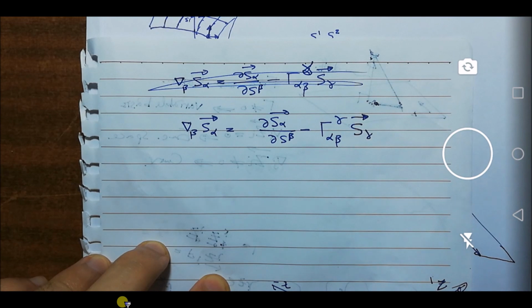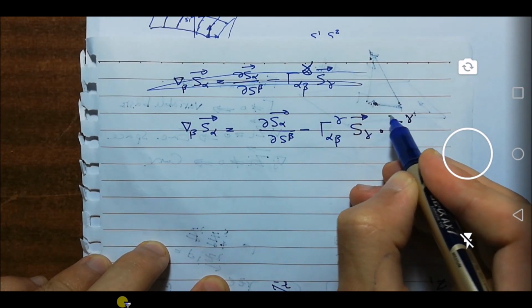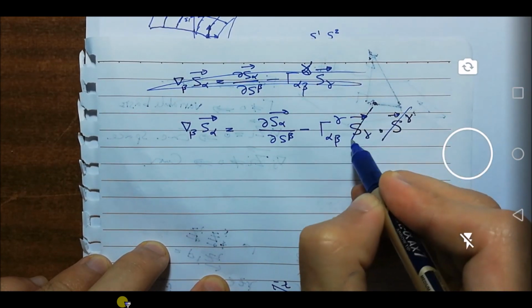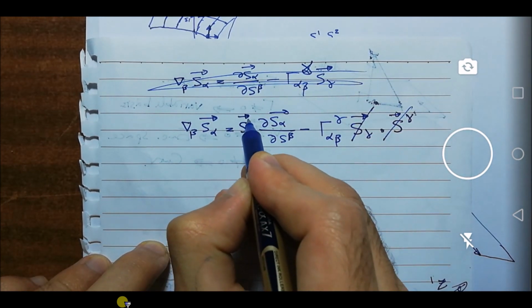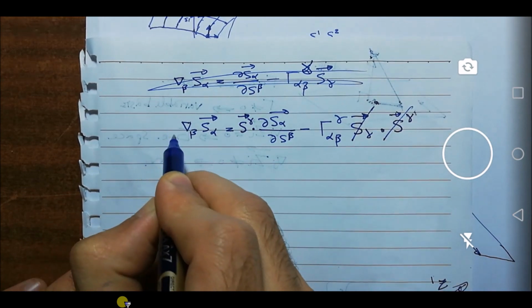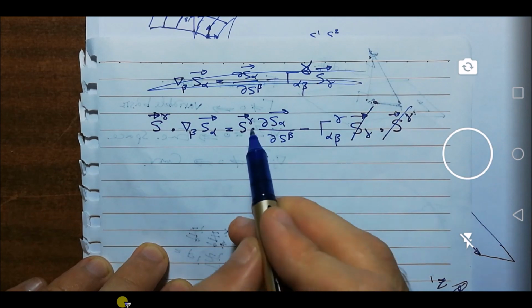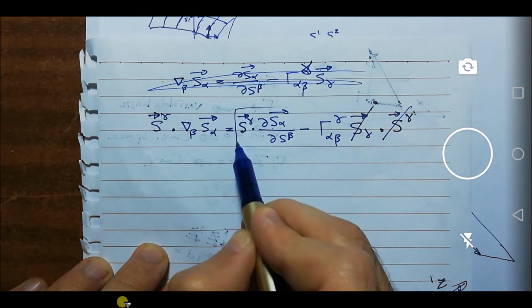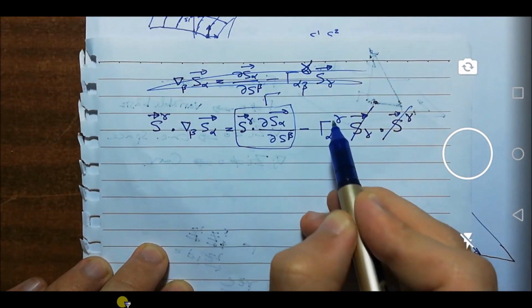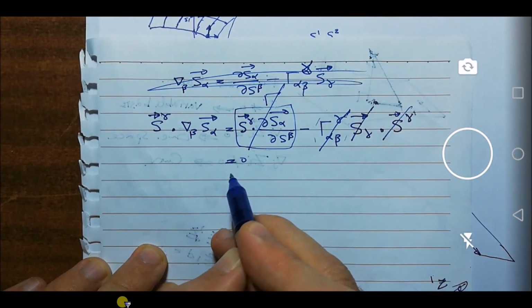Let's multiply, dot product, both sides of the equation with the contravariant basis, that is S gamma. This one with this one would be equal to 1. And here we have another S gamma dotted with this. S gamma dotted with this rate of change is equal to capital Gamma itself. So this will cancel out with this and the result would be 0.